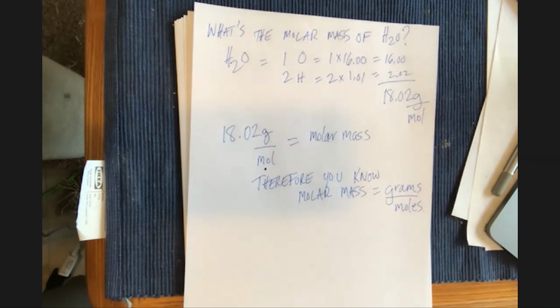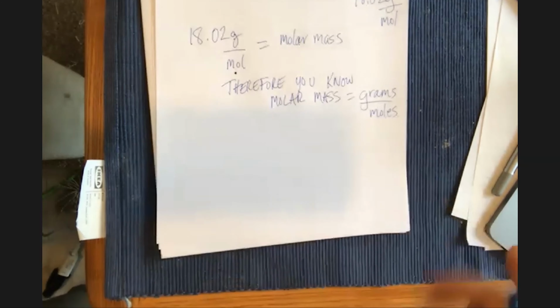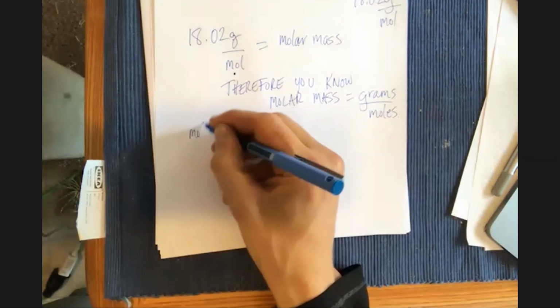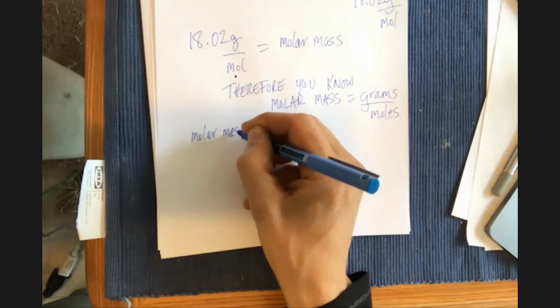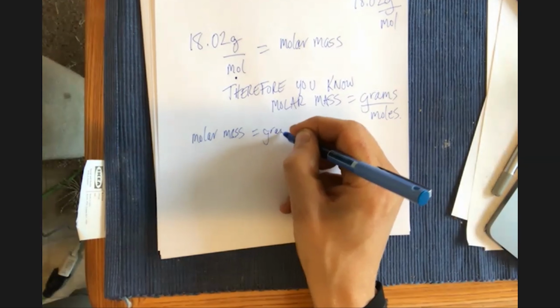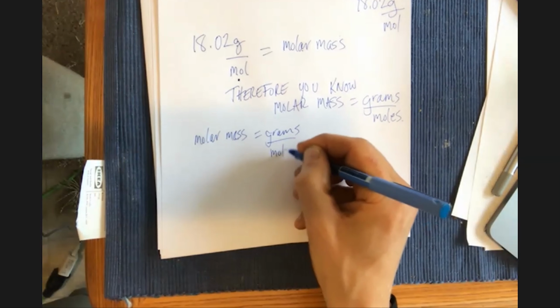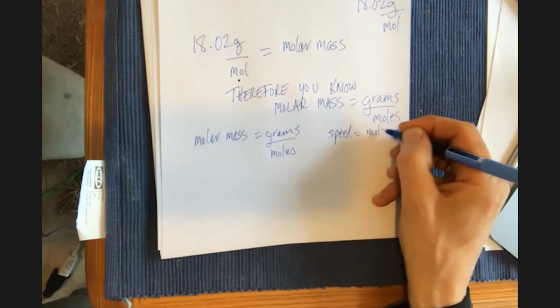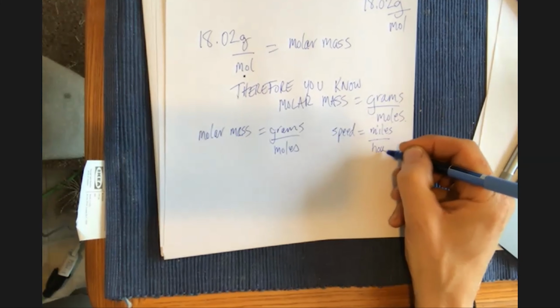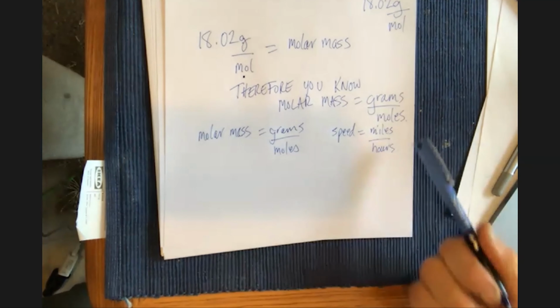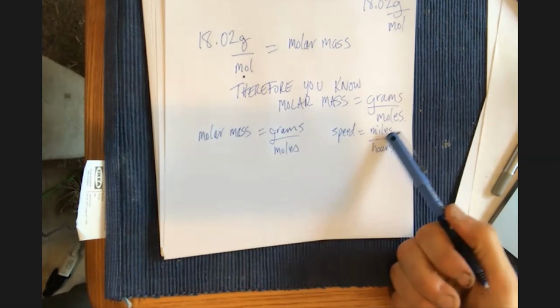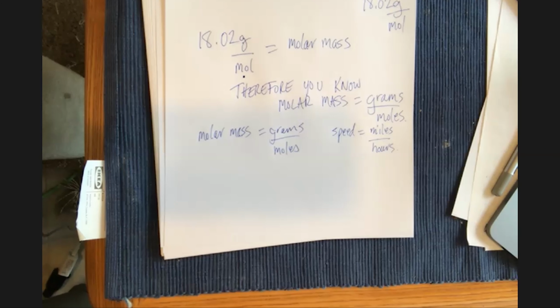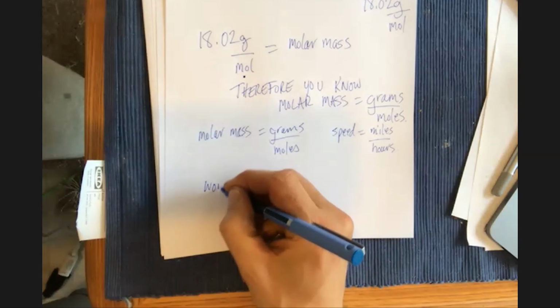So sometimes when you're given something like that, you'll be able to find it. And so we just did molar mass equals grams divided by moles, and we just did speed is equal to miles divided by hours. But it could also be kilometers per hour, or it could be meters per second, but there's one that you know. Here's another one.